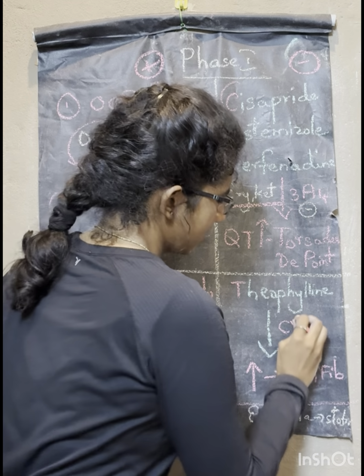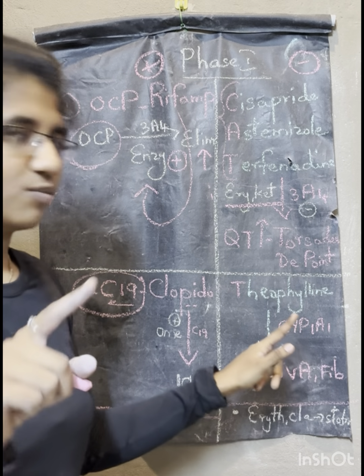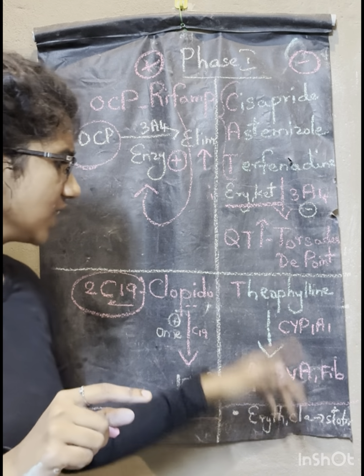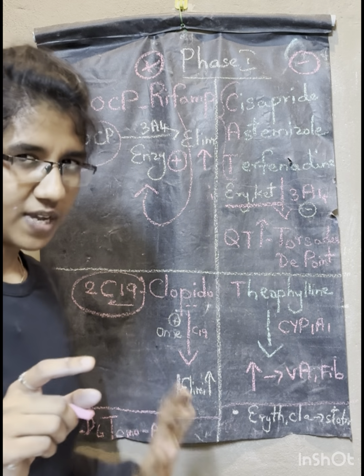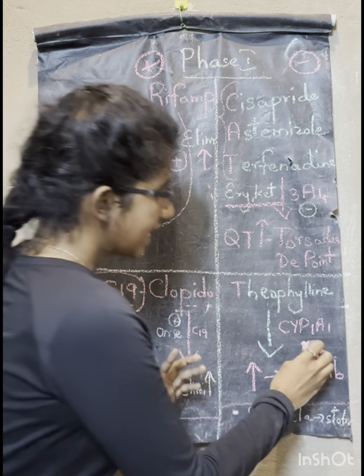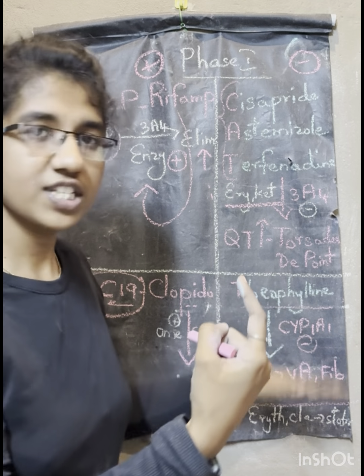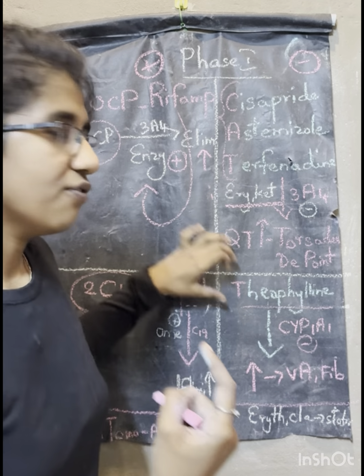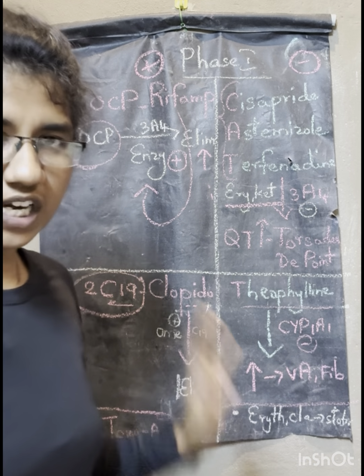We have seen theophylline is metabolized by CYP1A2, right? So when theophylline is metabolized by CYP1A2 and we are prescribing erythromycin or ketoconazole, it will lead to inhibition of this enzyme. So theophylline concentration will increase because the metabolism is inhibited. When theophylline concentration increases, that also leads to ventricular arrhythmias and fibrillations.